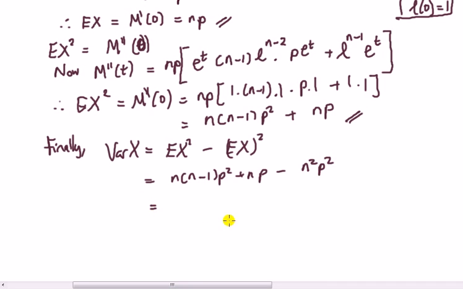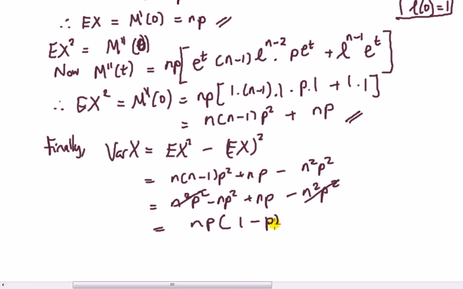Now terms will cancel. Multiplying out the brackets, n squared p squared minus n p squared plus np minus n squared p squared. Right, np, let's just get these the right way: np(1 minus p). Done. Otherwise, if you want to call this q, the probability of failure, q, like that. Either one's fine.